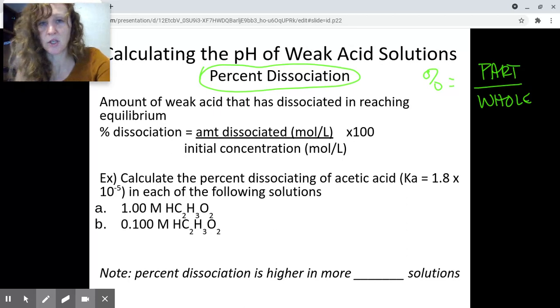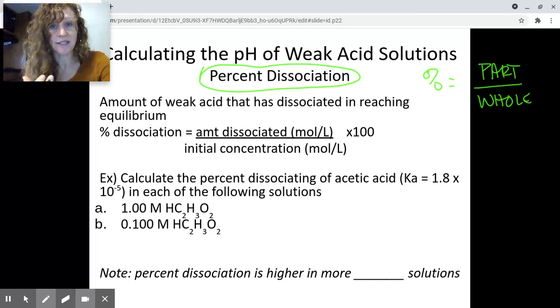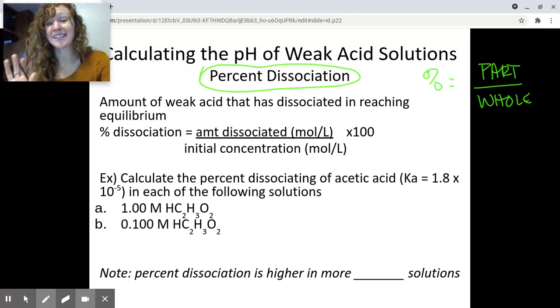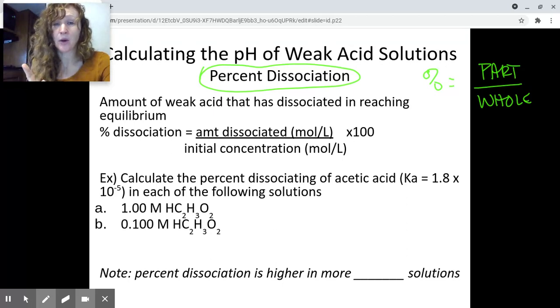And it's an interesting question for weak acids because they don't all dissociate. It would not be a very interesting question for strong acids because they do. 100%. There's your answer, right? Whereas weak acids are different. And relaying the percent dissociation can tell us something about the weak acid.